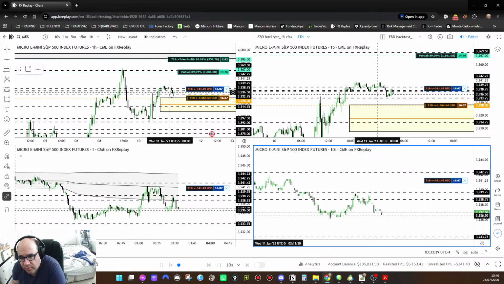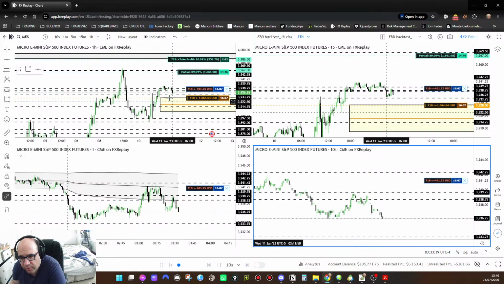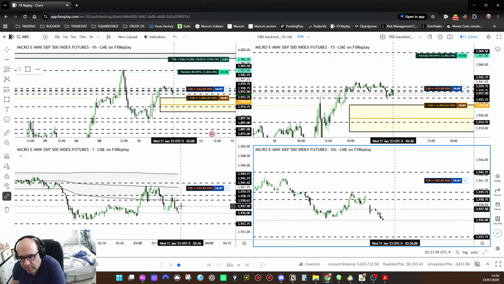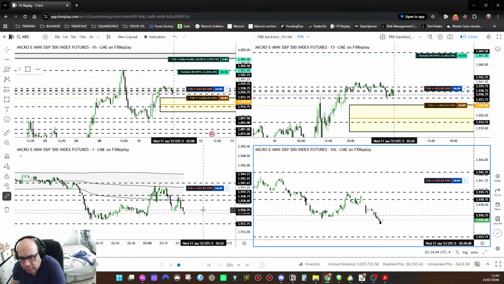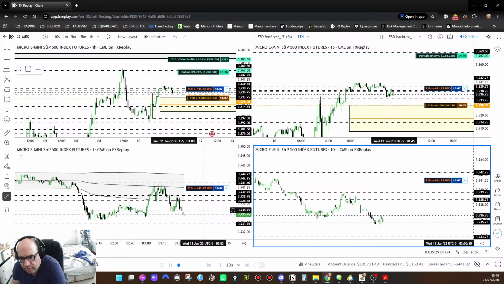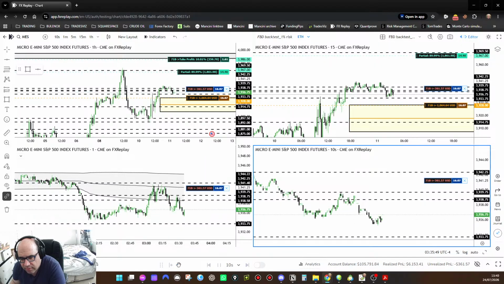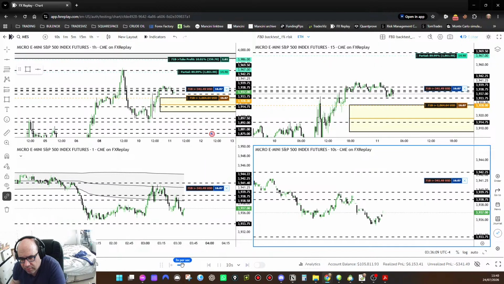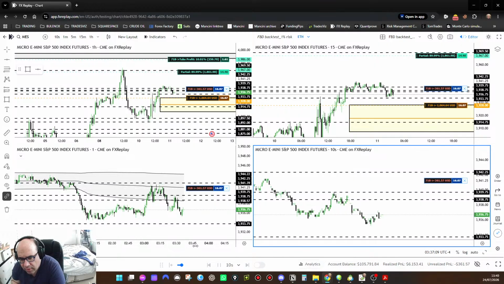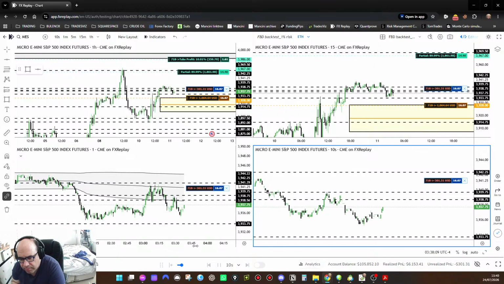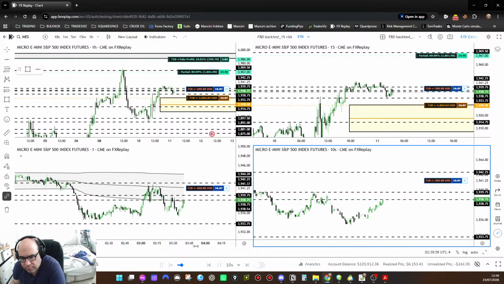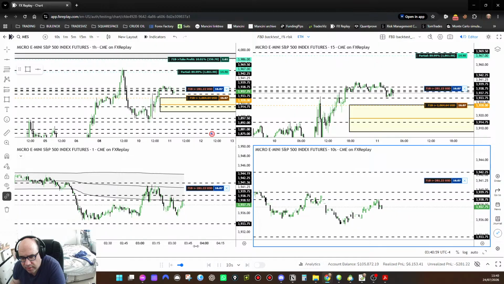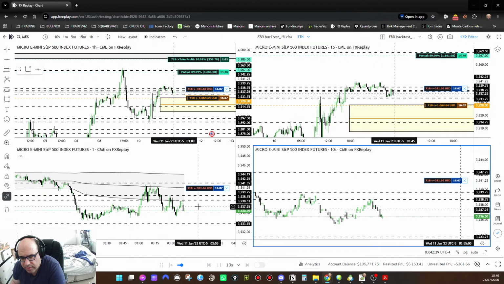As I said, we may see a pullback at the previous DVA, so we may see a reversion here. We do get it sometimes. It takes some time to develop. We're still overnight, so liquidity is low.